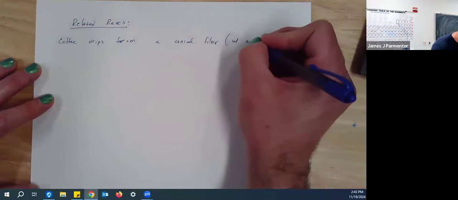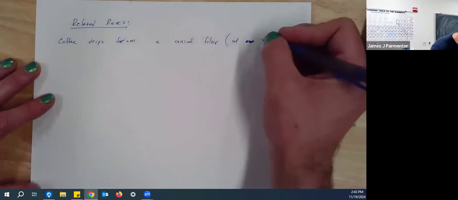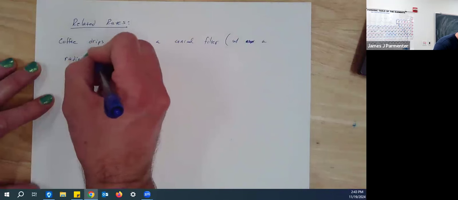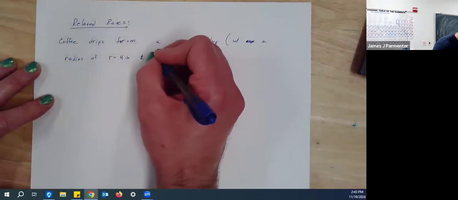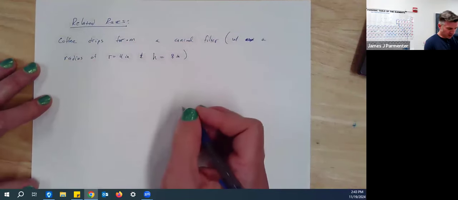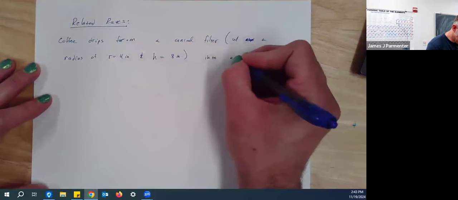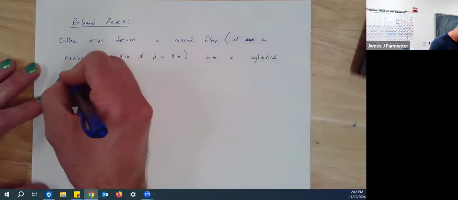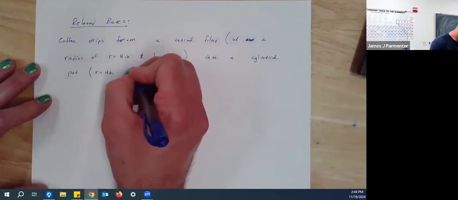With a radius of r equal to 4 inches and a height of 8 inches. So coffee is dripping from this conical filter into a cylindrical pot, also with a radius of 4 inches and height of 8 inches.